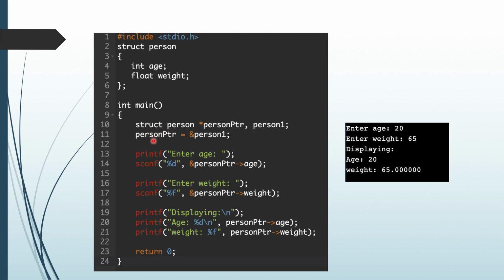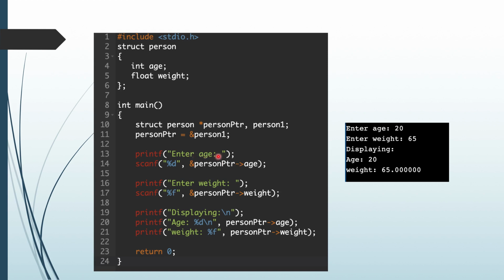Here I'm storing the address of person1. We know a pointer can hold the address of another variable. So this structure pointer is going to hold the address of the structure variable: &person1, and the address of person1 will be stored in this structure pointer. Then I'm going to access it just like a regular variable, but instead of the dot operator, I have to use the arrow operator.